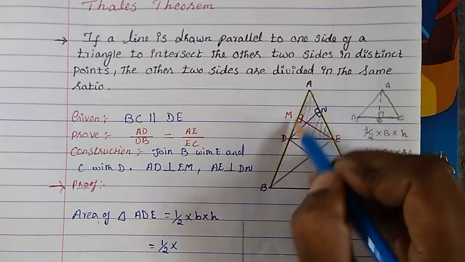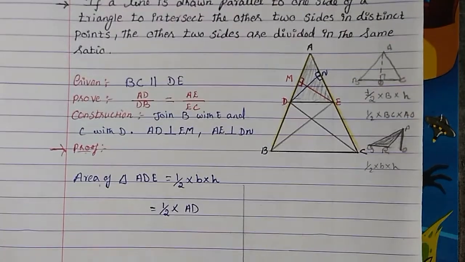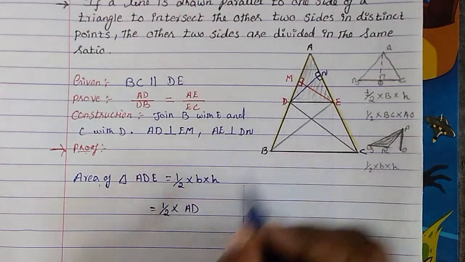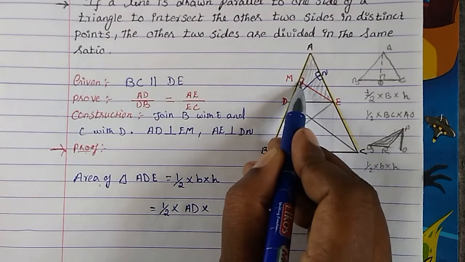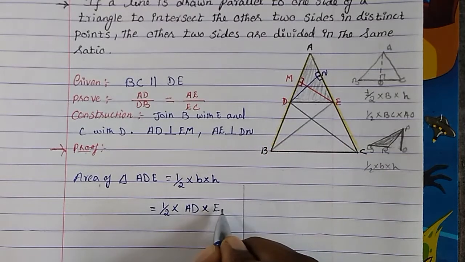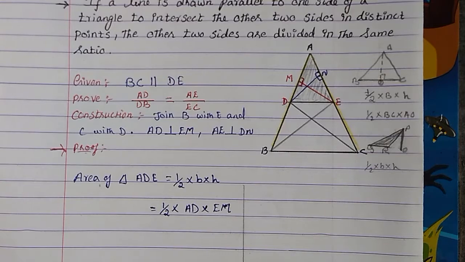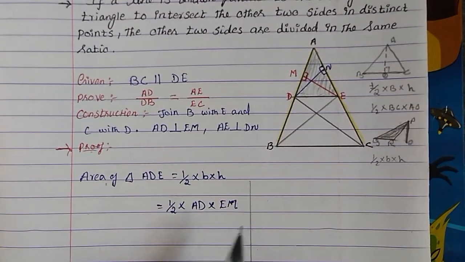If base is AD, then what is the height? If this is the base, then there is 90 degrees here, so height will be EM. I hope it is clear to you.